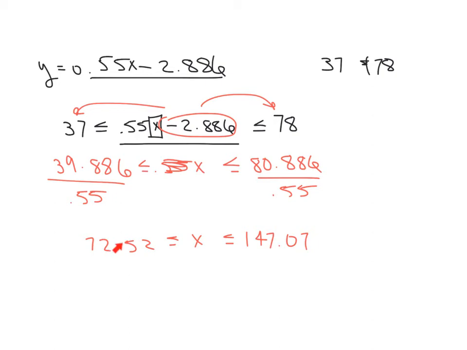If they sentence him for somewhere in between here, they will end up being in prison for somewhere in between here. So, basically 73 months to 147 months will work if they want them to be in prison that long.